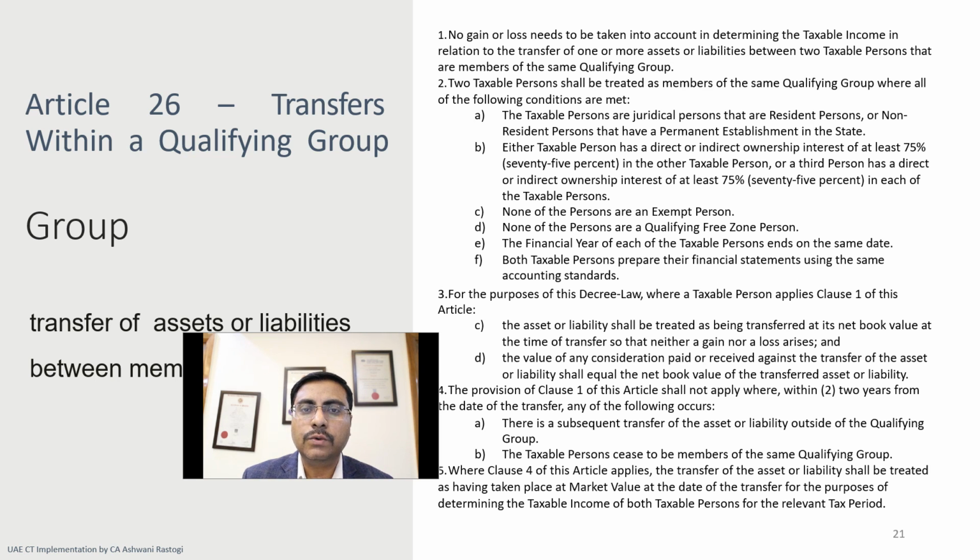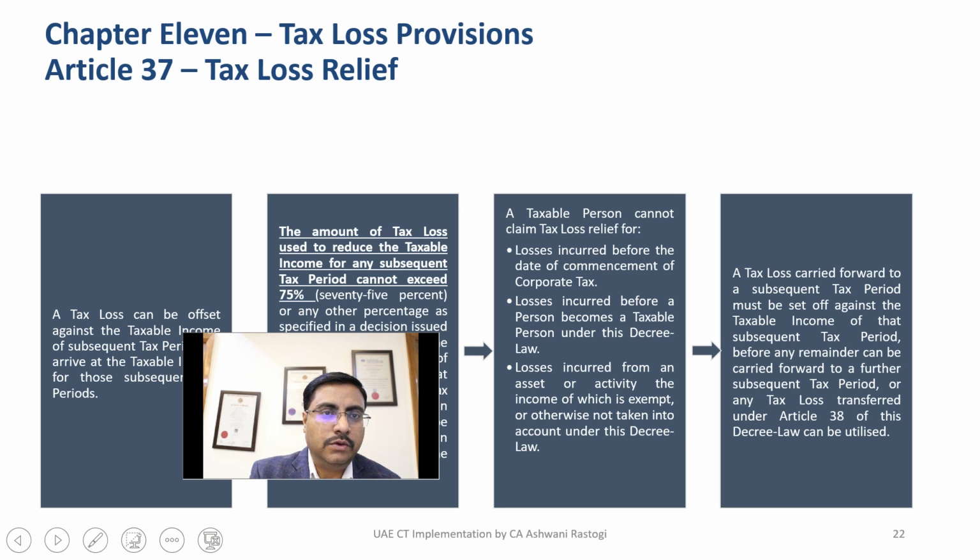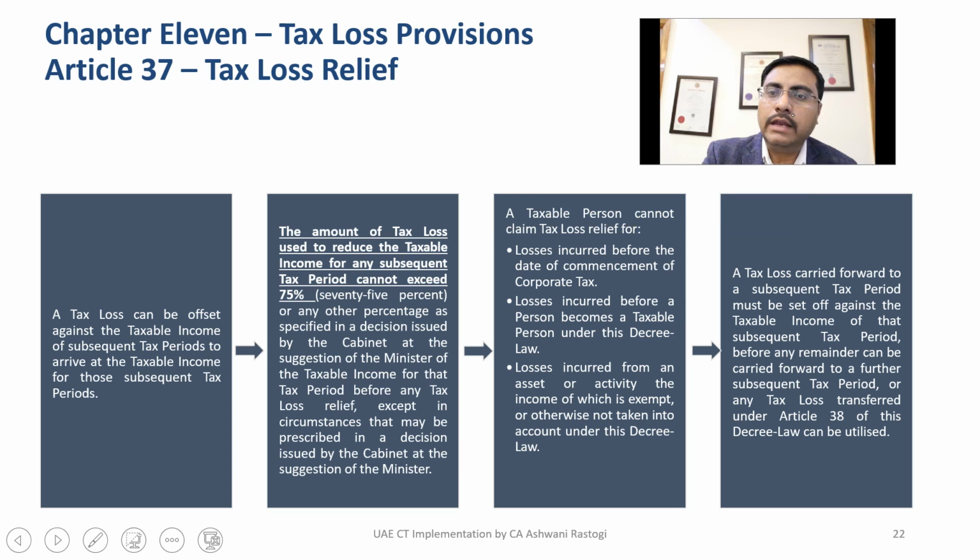If you want to transfer some kind of asset or liability within the group in which you are holding more than 75%, and both are taxable persons, not an exempt person or qualifying person, then in that case you can transfer your asset or liability, with no need to pay any tax on capital gain. So your losses can be carried forward or offset against the taxable income, but the criteria is the 75% threshold limit.